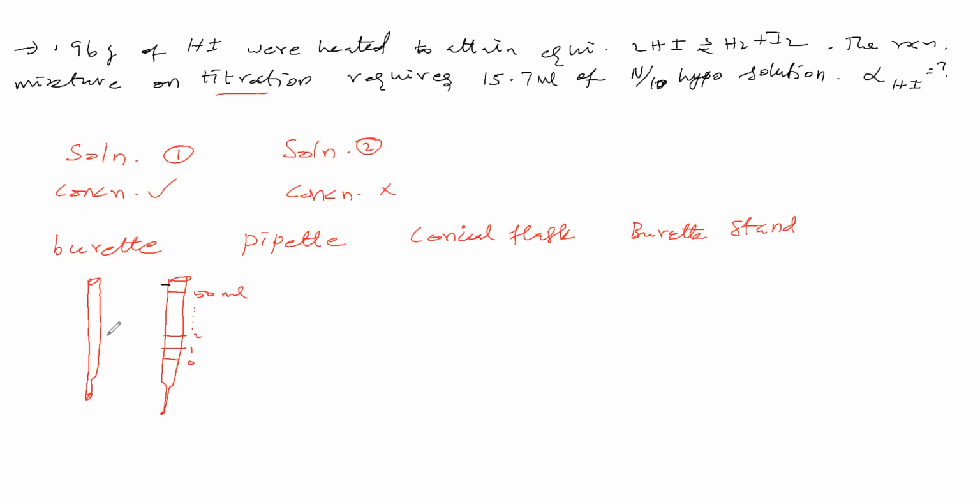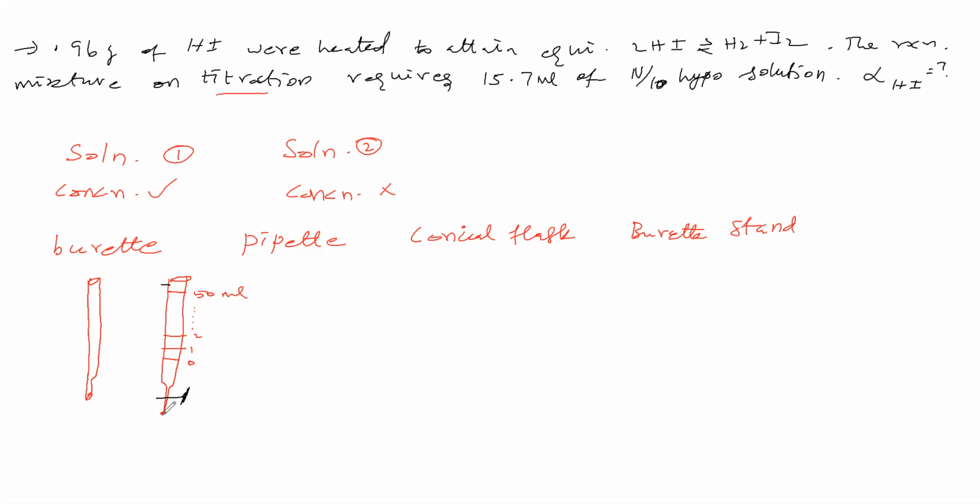Then what you have to do is, here a stopper will be there. Open this knob, and if you open it, solution will come down. This level goes on coming down. When it is about to reach 50 ml, be careful.